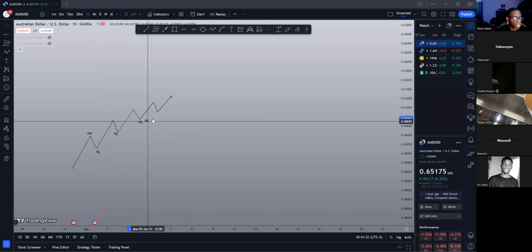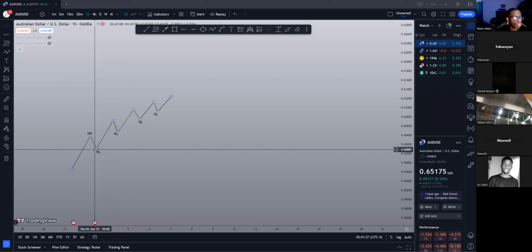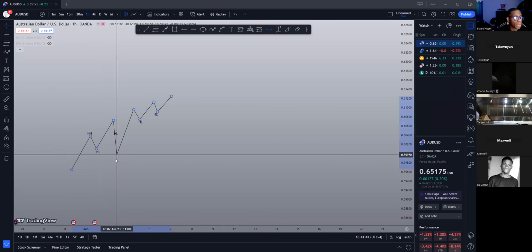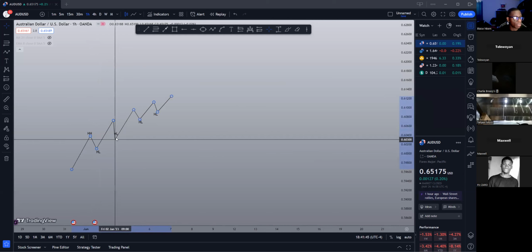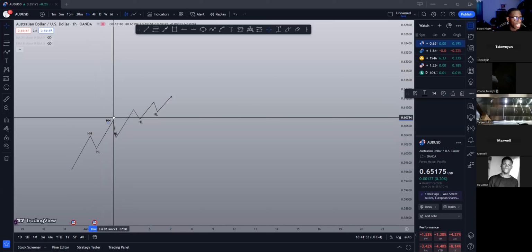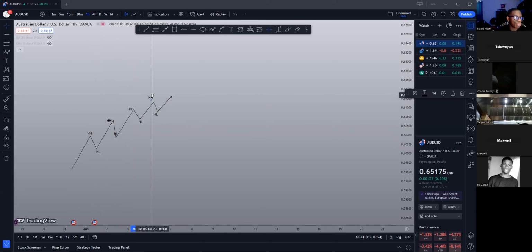All of these are called higher lows. They are called higher lows because they are higher than the previous low. If this low is lower than this previous low, it cannot be considered a higher low. So just by the name, higher low means it's higher than the previous low, and a higher high means the current high is higher than the previous high.